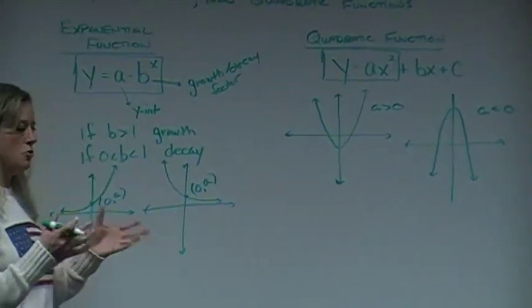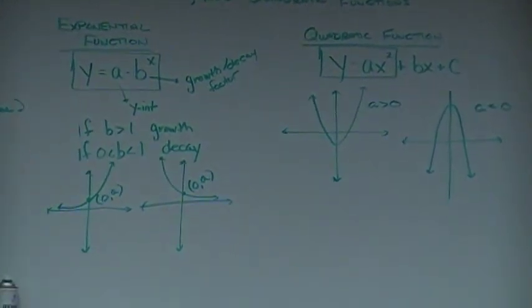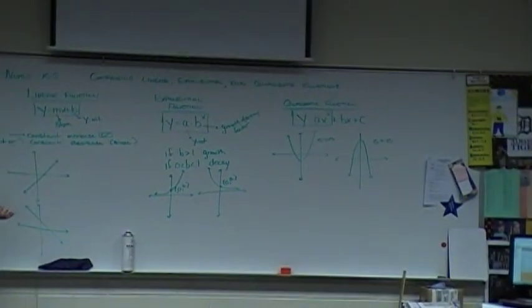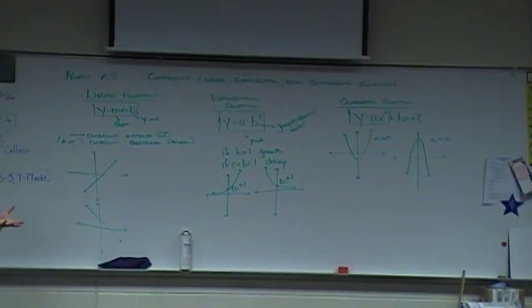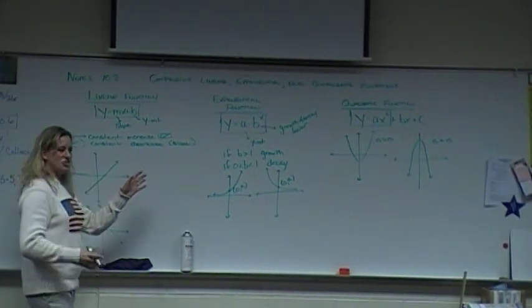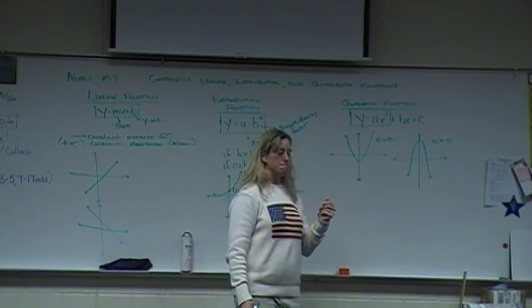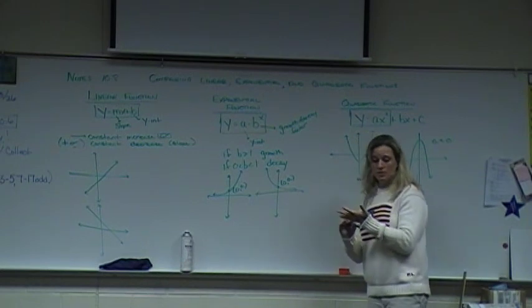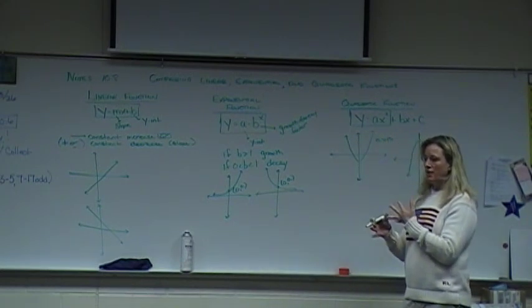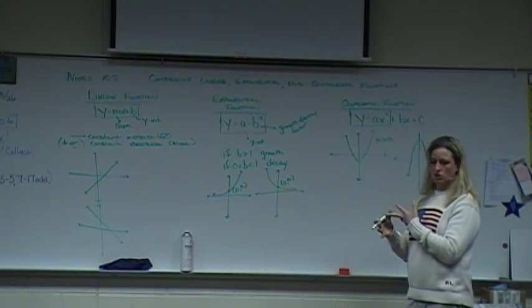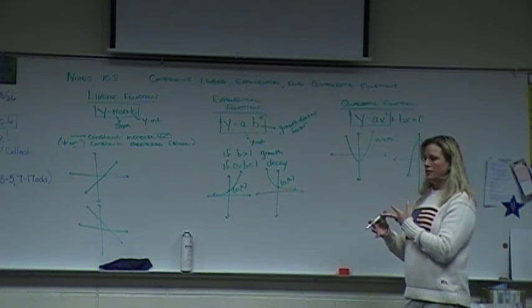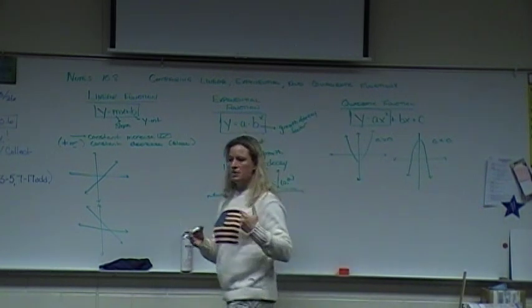A quadratic. And if you plotted some other set of points and came up with a line, what type of function would it be? Linear. Does that make sense? So when we know what the graphs look like, it makes it pretty easy, doesn't it? Because all you need to know is that a linear is a line, a quadratic is a parabola, an exponential is a curve.